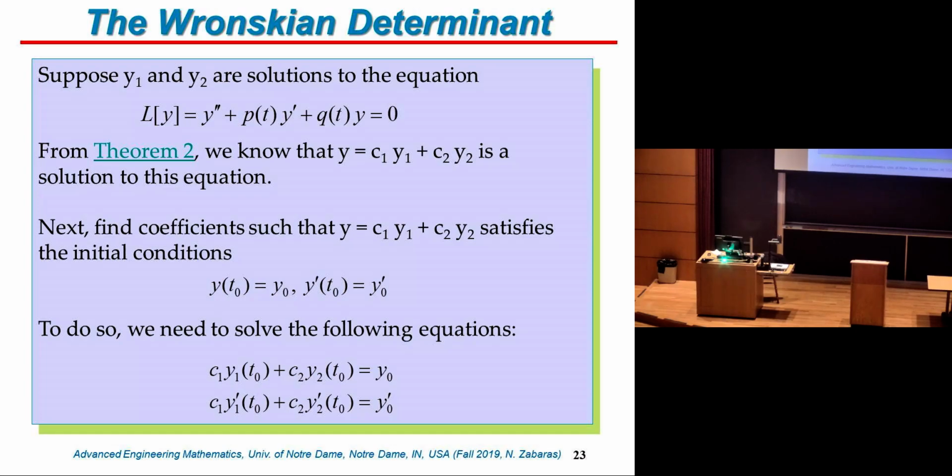What do you think? Right? So that is obvious. But let me say the following thing. Suppose that I have some initial conditions, y at time t0 equal to y0, and the derivative at time t0 equal to y0 prime.